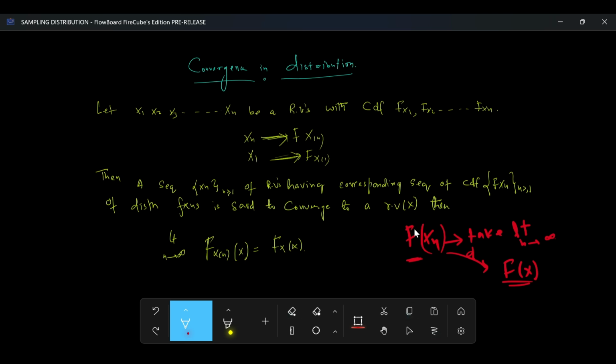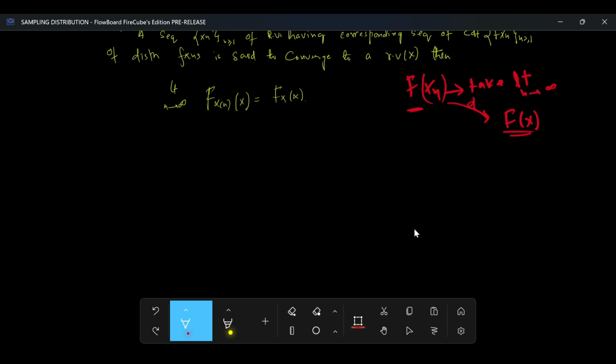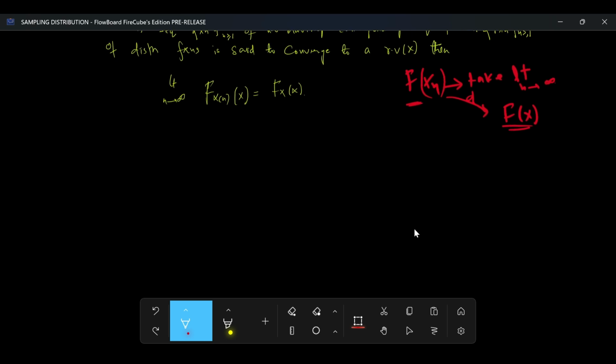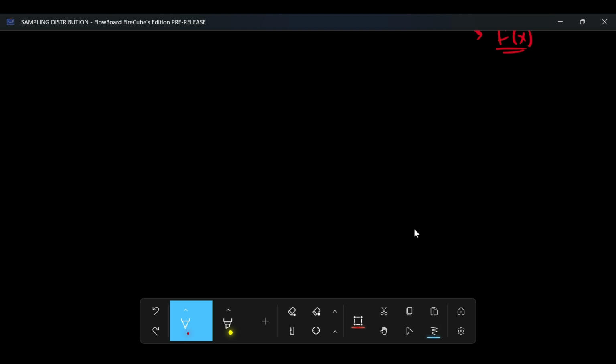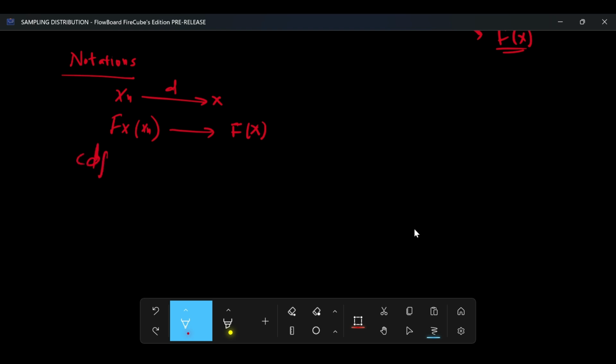Or if we talk about the notations, when we say convergence in distribution, Xn will converge to X in distribution, or we can say F of Xn will converge to F of X, or we can say the CDF of Xn will converge to CDF of some single random variable X, right?